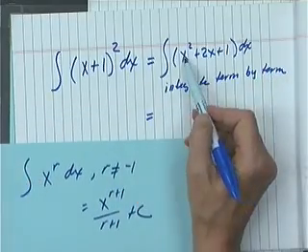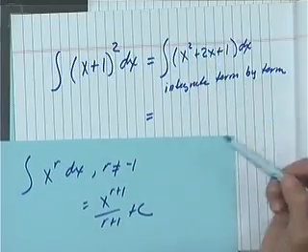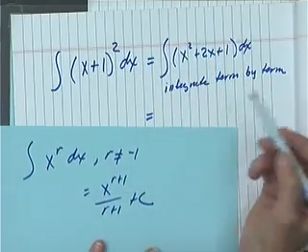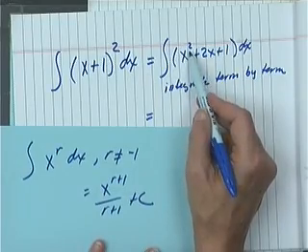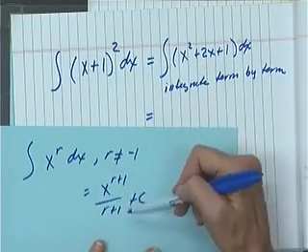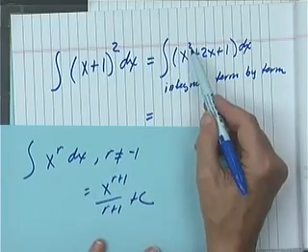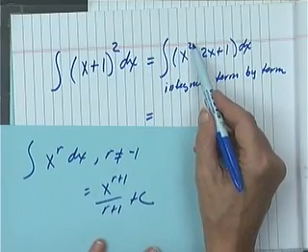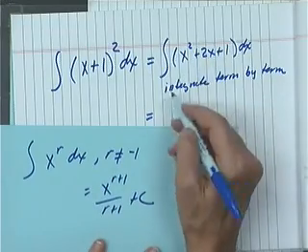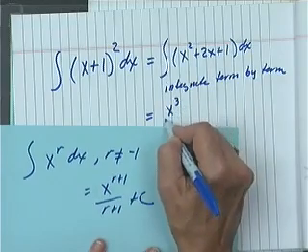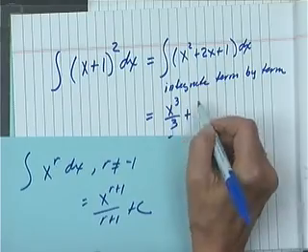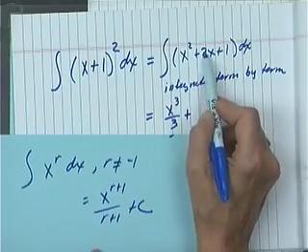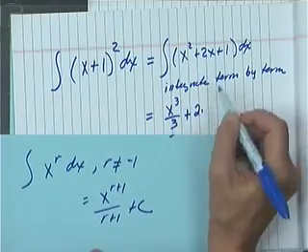All right. If you integrate x squared, everybody, what are you going to get? Follow your rule. x to the third over 3 plus, and this is just a constant times x, so it's 2 times.